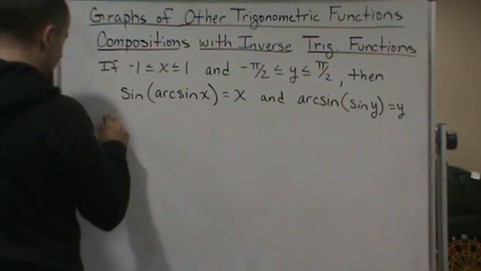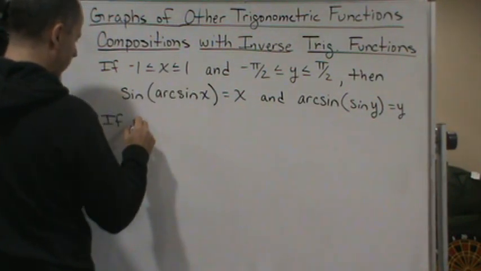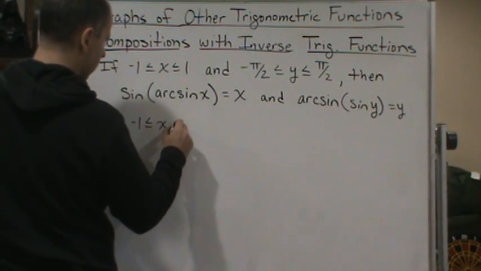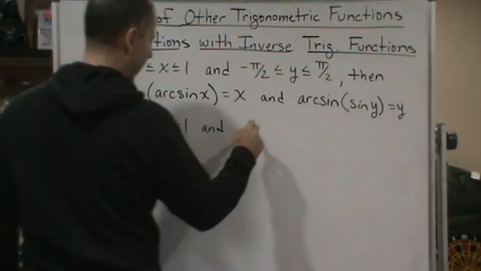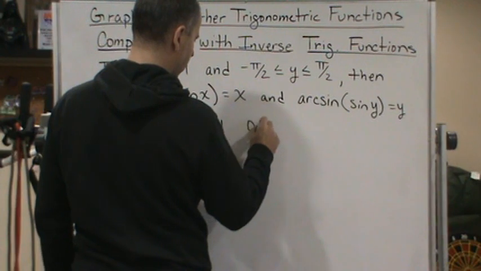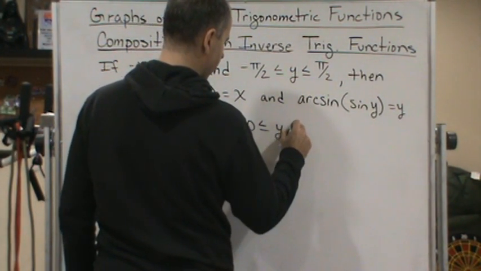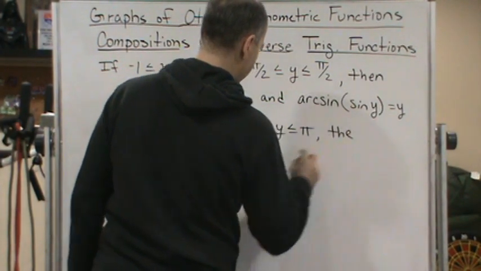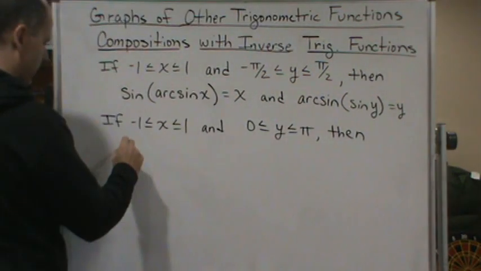Now, if x is between -1 and 1, or goes from -1 to 1, and y goes from 0 to pi, then we have this relationship.